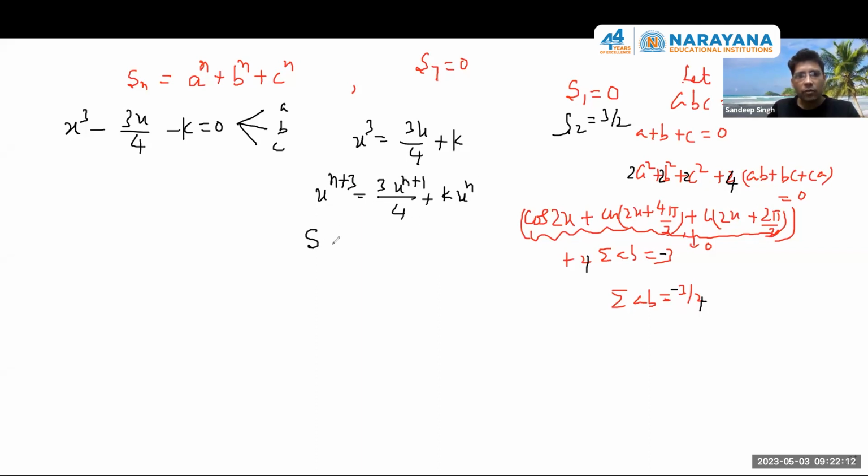In other words, S of n plus 3 equals 3/4 S of n plus 1 plus K times S of n.